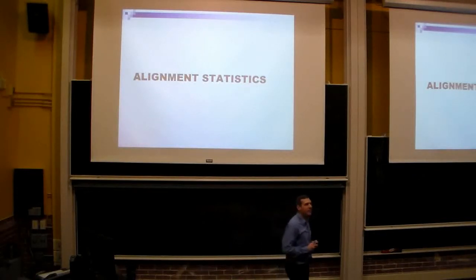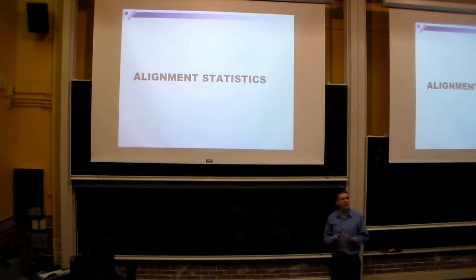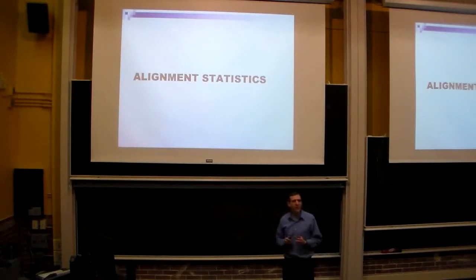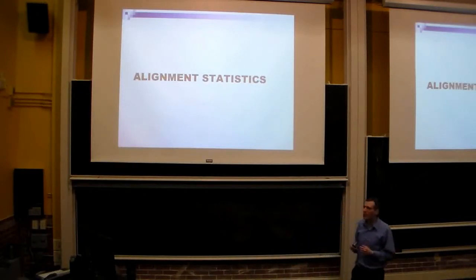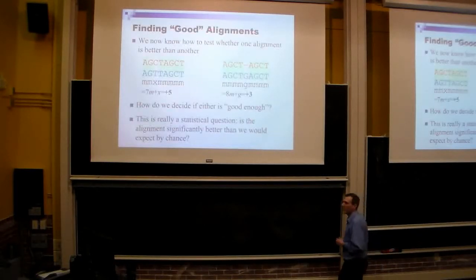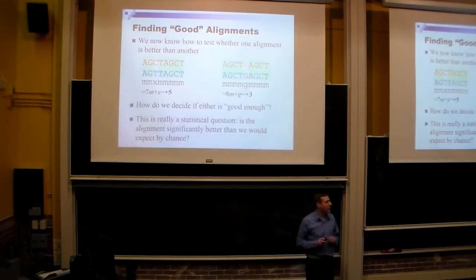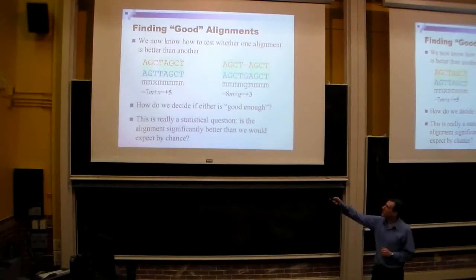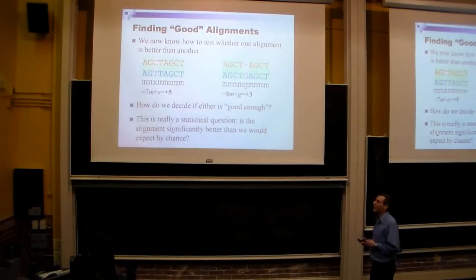Okay, so that basically gives us the essential kinds of alignments, and by this point we should understand what a scoring function and alignment score is. And that brings us to the question that was asked before of what we do with these scores. How do we interpret them? And that comes down to the question of alignment statistics. The basic issue with alignment statistics is that even when we have a scoring function, it's difficult to determine objectively whether any one alignment is good in some rigorous sense.